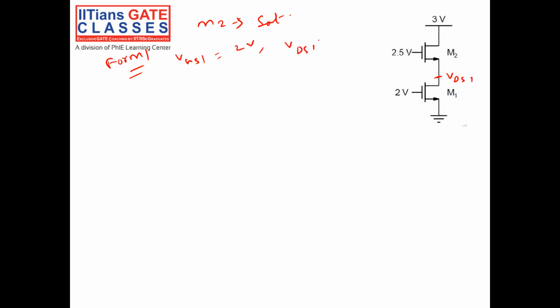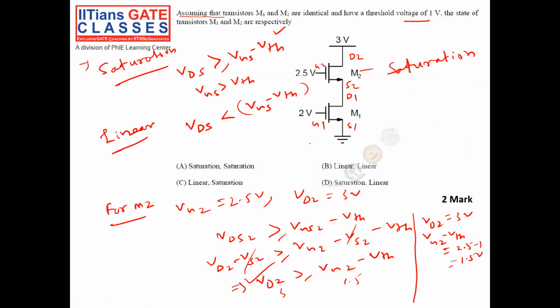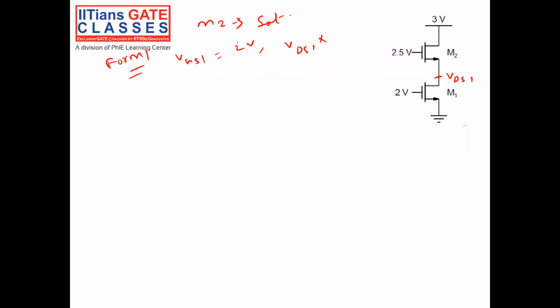Then how to decide whether transistor M1 is in saturation or linear? Because to know the condition I have to know VDS also, but I know VGS1 only. So let us assume something, then we check the assumption. Let us assume that M1 is in saturation. I take an assumption, then you will have to verify the assumption also.